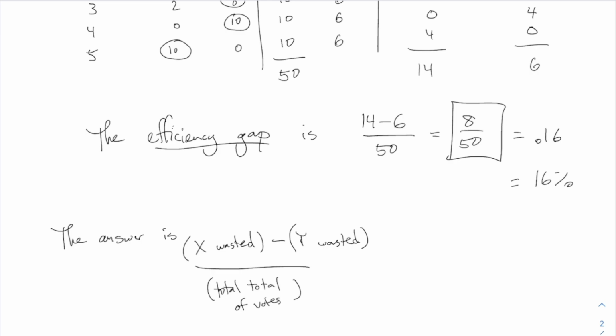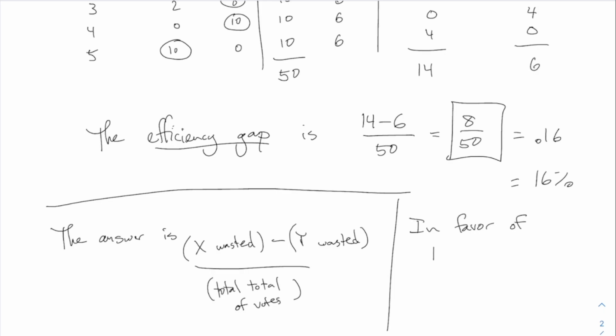And then you also say, so this is also part of the answer, oh, I meant to say this before, we say this is in favor of the L's. That's because in this example, the D's wasted more than the L's. So it's 16% in favor of the L's. That means this map gives a disadvantage to the D's.